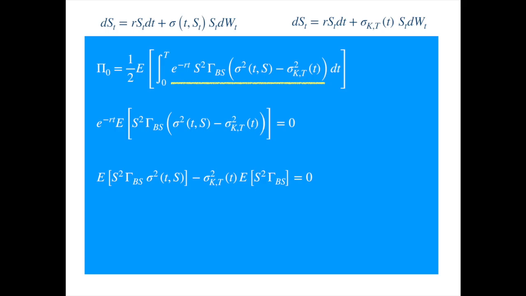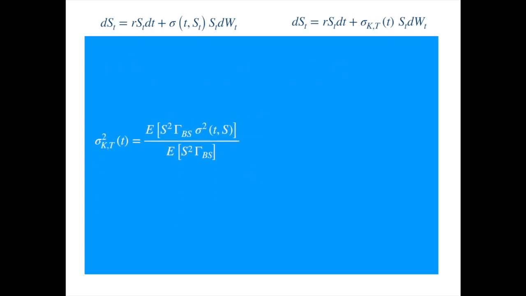As the Black Scholes volatility is deterministic, we can take it out of the expectation, and as before, we can isolate the Black Scholes time-dependent volatility function to get.